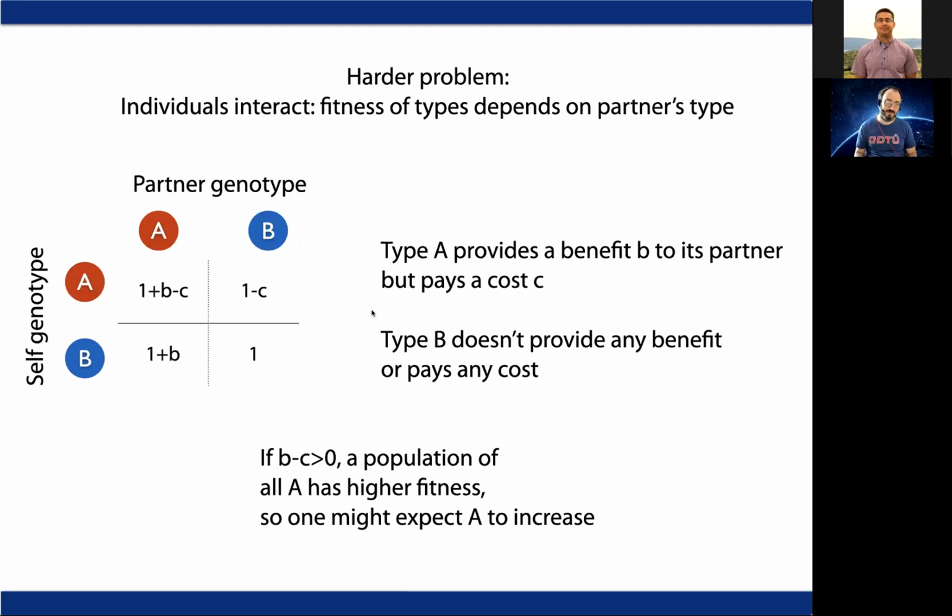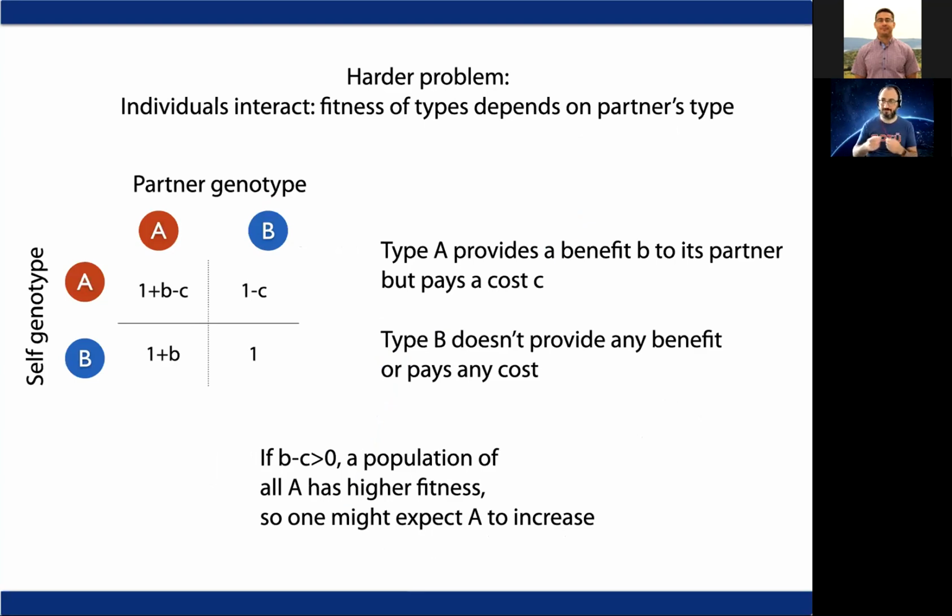But all these interactions that I talked about before are not as easy, because in those cases, A's fitness or B's fitness doesn't just depend on their own type, but it also depends on the other type.